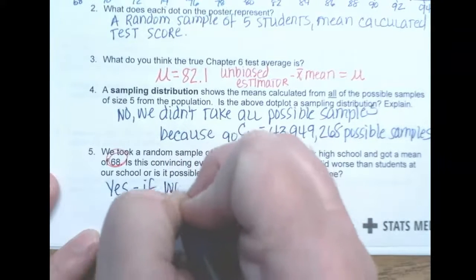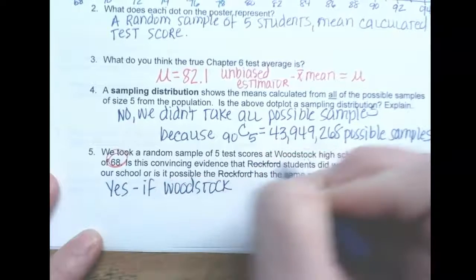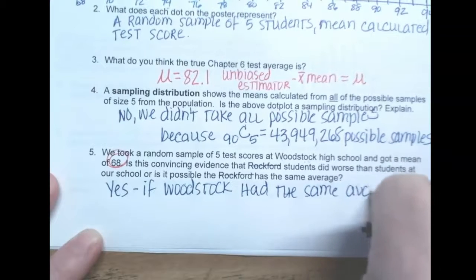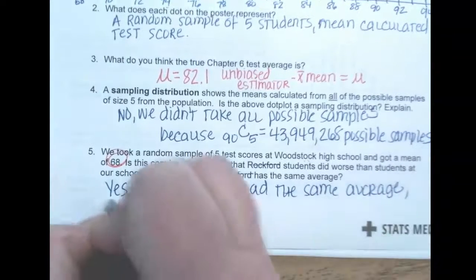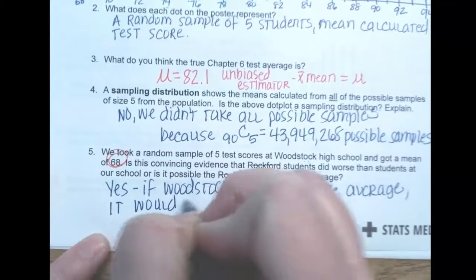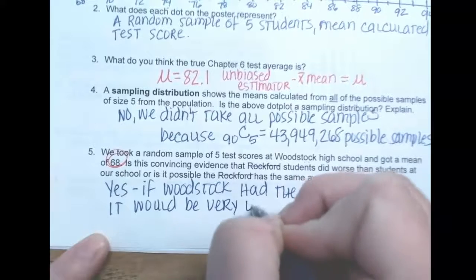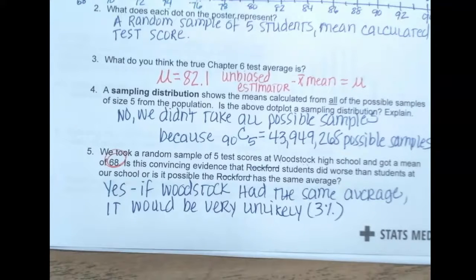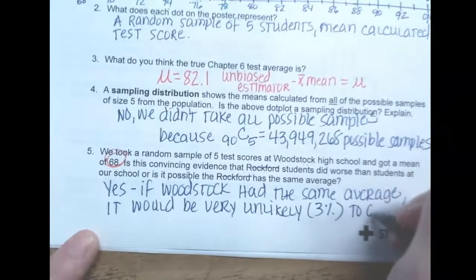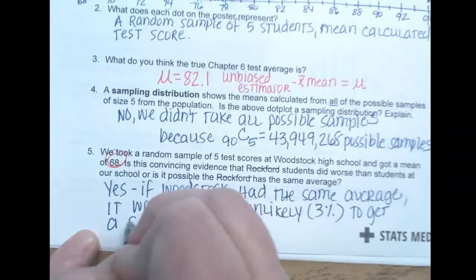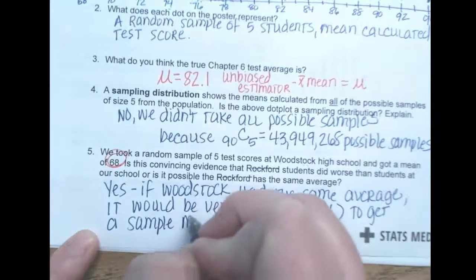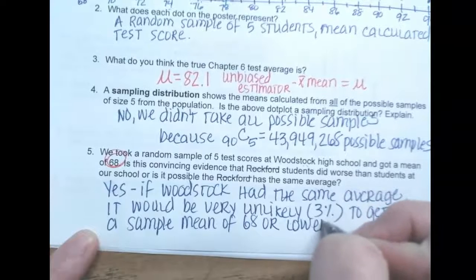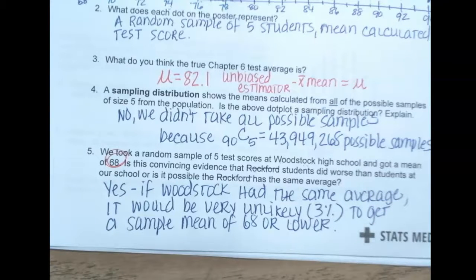So if Woodstock had the same average, it would be very unlikely, and we got 3%, so I'm going to use that as my evidence of what I mean by very unlikely, to get a sample mean of 68 or lower. So their results, 68, would be really unusual.